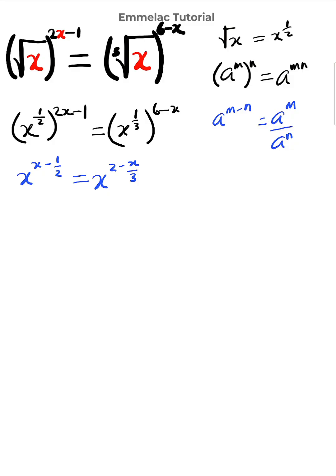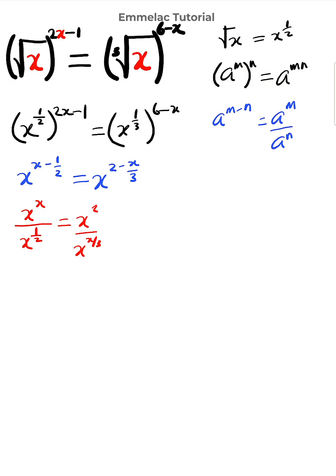Here we have x raised to x over x raised to 1 over 2 equals x raised to 2 over x raised to x over 3. Okay, so let's just cross multiply.